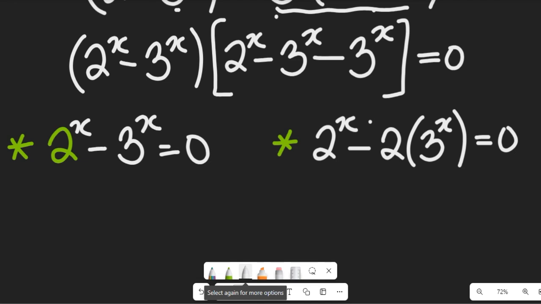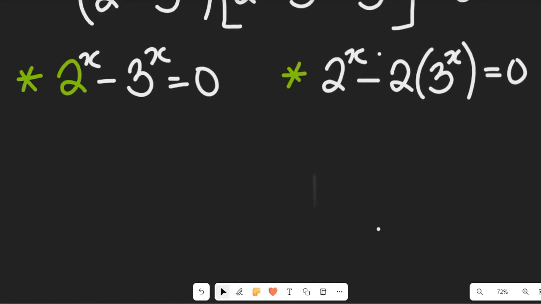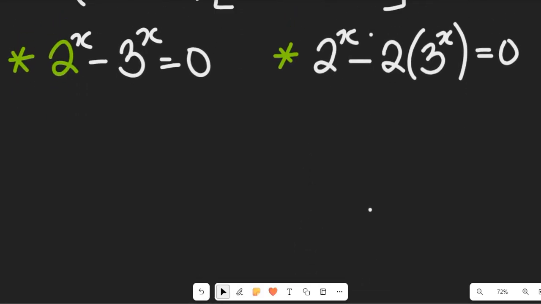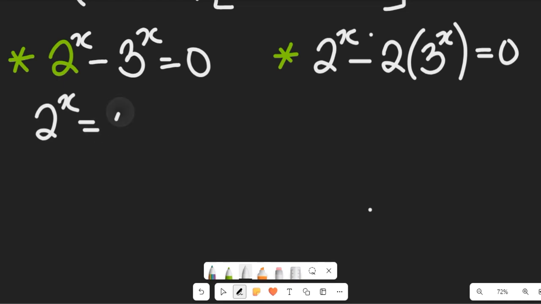Great. So I can simplify these two expressions to get the value of x. From the left hand side, you can see that 2 to the power of x can be equal to 3 to the power of x.